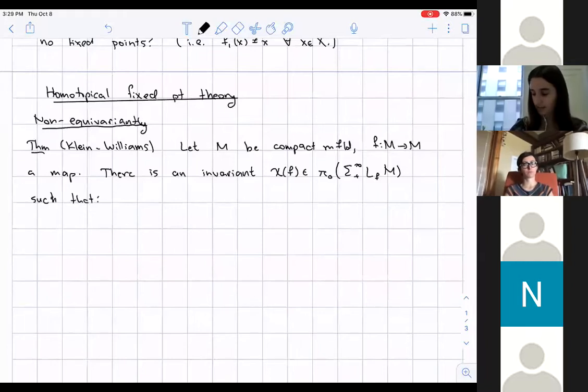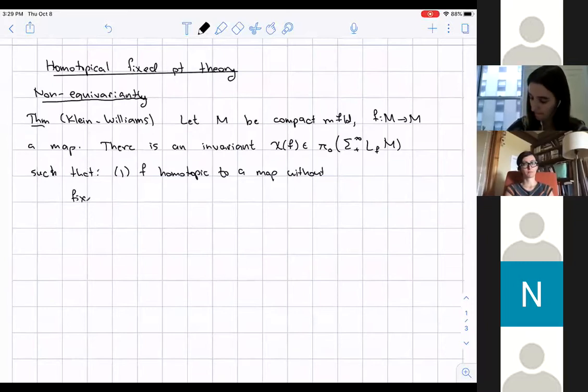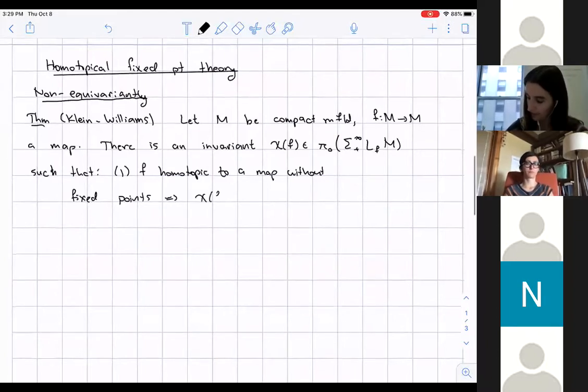Such that the following things happen. First, if f is homotopic to a map without fixed points, then chi of f is equal to 0.